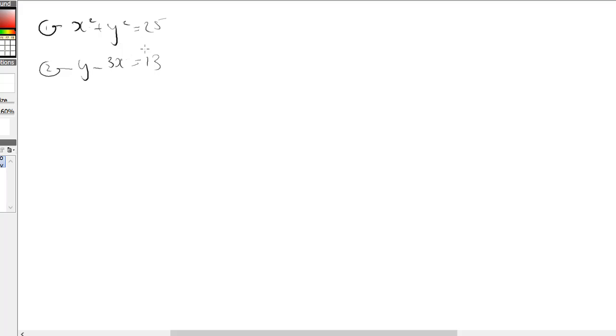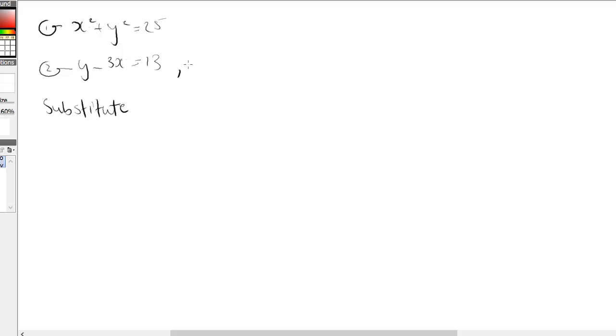So if I want to solve it algebraically, well, I know that I'm going to want to substitute one into the other. I've got squares here, so I don't want to have to start rearranging to find x or make y the subject. So I'm going to come to 2 here. That's my go-to, which I'm going to substitute into the other.